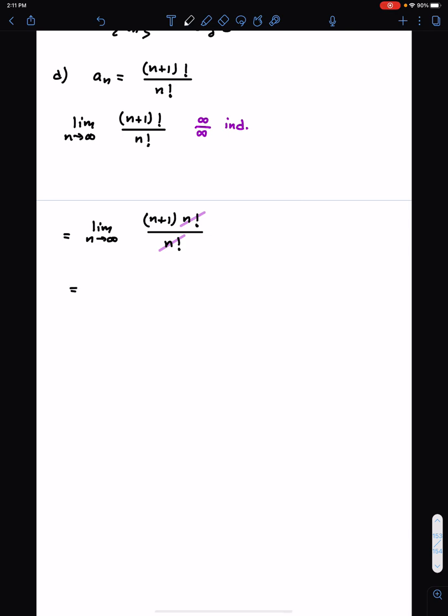So this is equal to the limit as n approaches infinity of n plus 1, which is infinity, which implies that the sequence diverges.